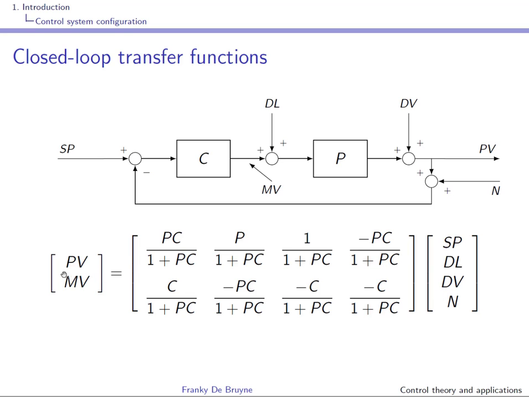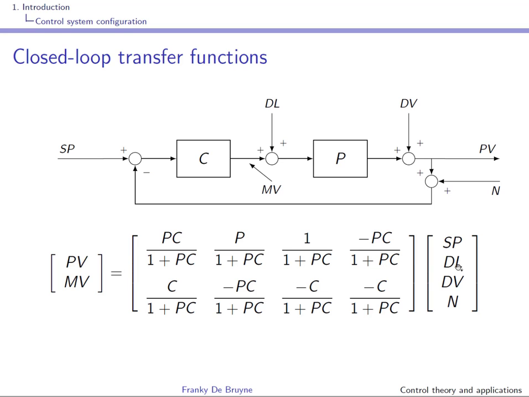And you have something similar, of course, for MV. It's quite easy to obtain these relations. Notice that each individual transfer function, let us take this one, can be obtained by setting all the other inputs to 0. So here this is the transfer function from set point to PV.